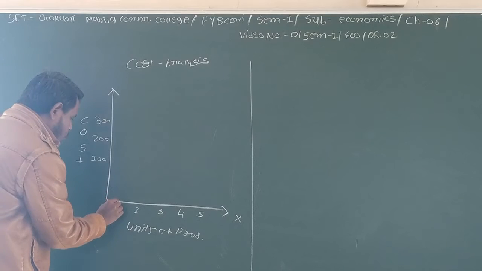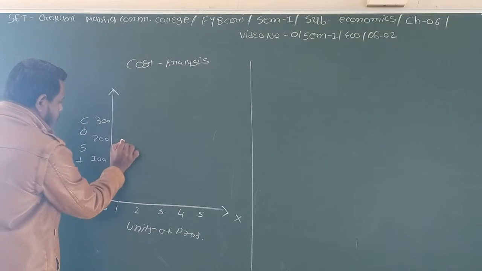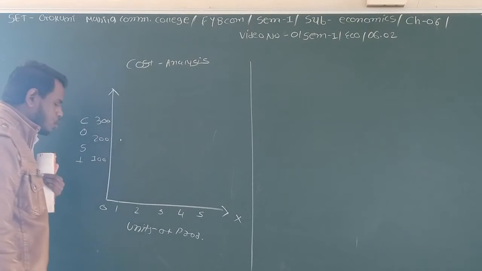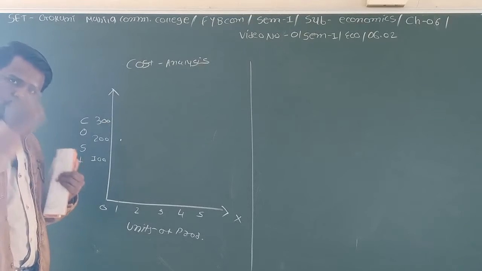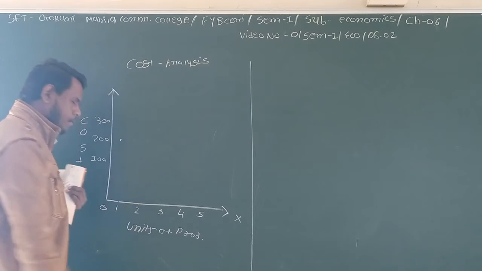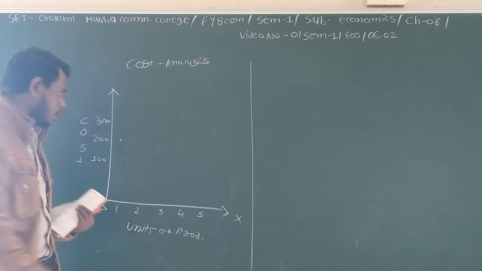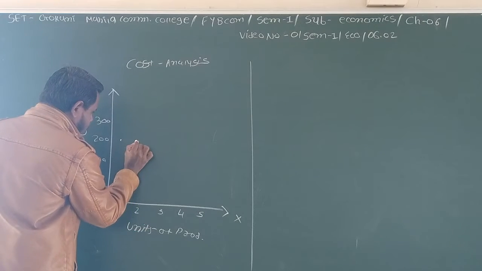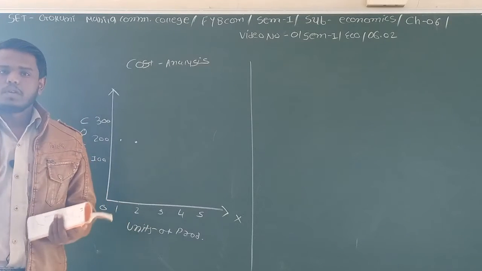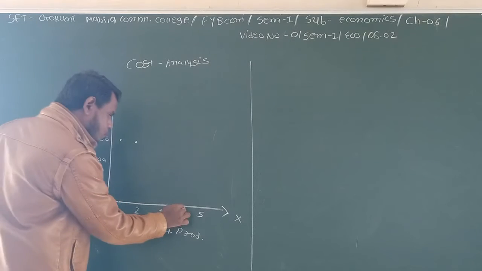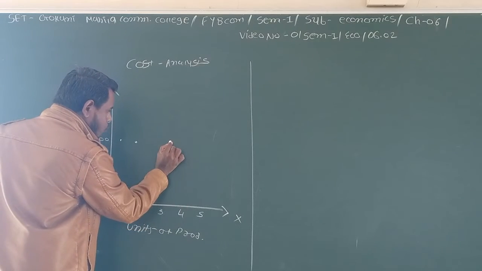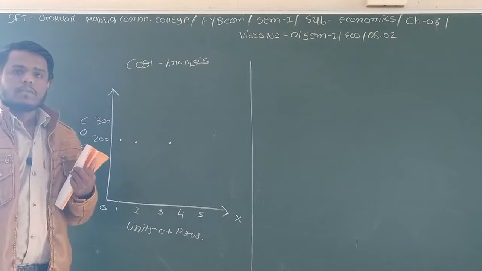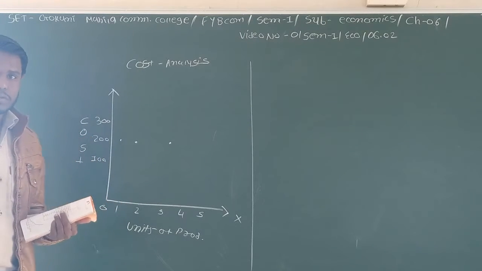When you produce only one unit, say for example, if your cost is 200, then when you produce 2 units of the production, also you will get 200 rupees cost. When you produce 4 units, also you will get 200 rupees of fixed cost.